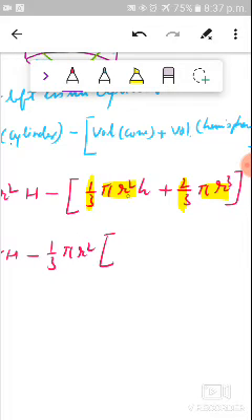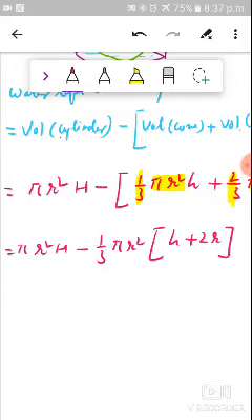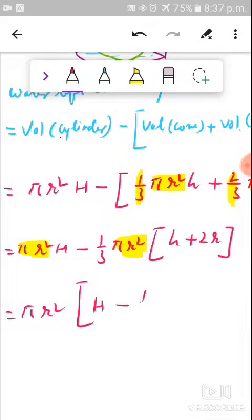This is h, plus 2r. So again, from these two I can take pi r square common. So taking pi r square common, it will remain H minus 1 by 3 of h plus 2r.